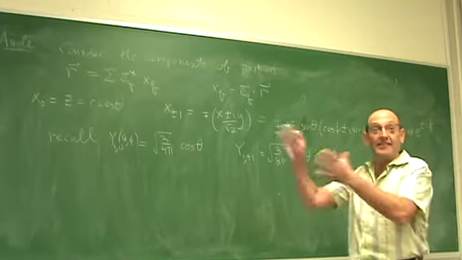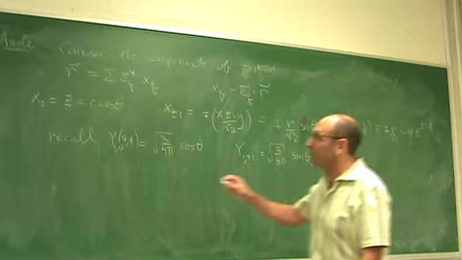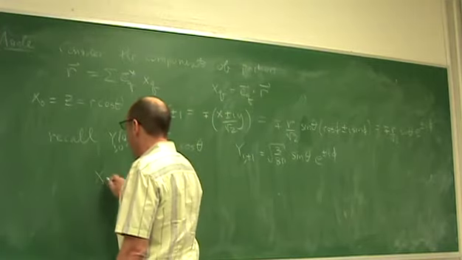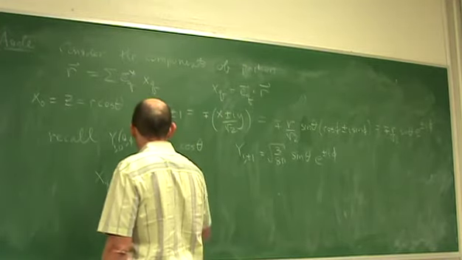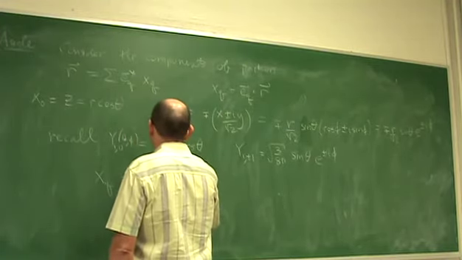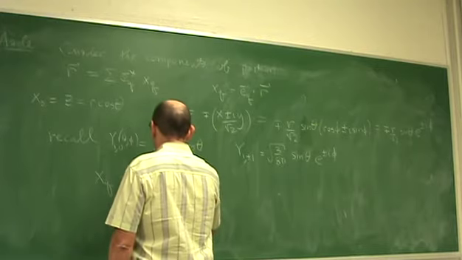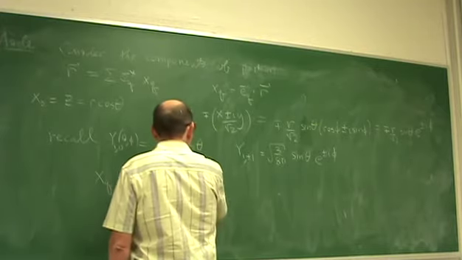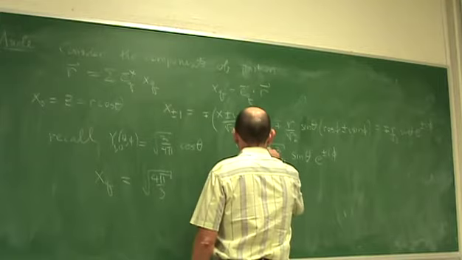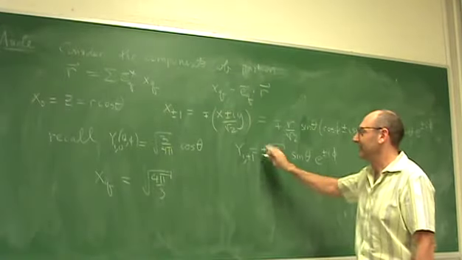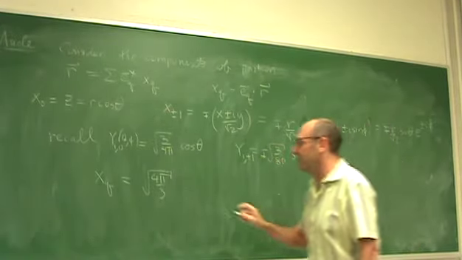That's why this is the right basis to consider. And so, in fact, what we see is that x_q here is equal to the square root of 4 pi over 3 times r times Y_1q. There should be a minus plus here. That's the whole point. Sorry, that's a stupid sign.